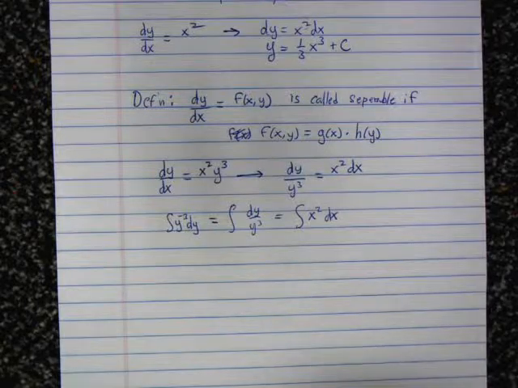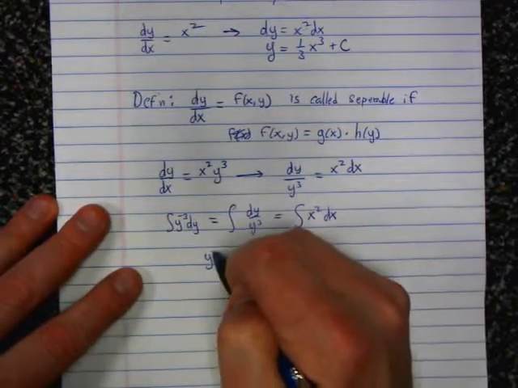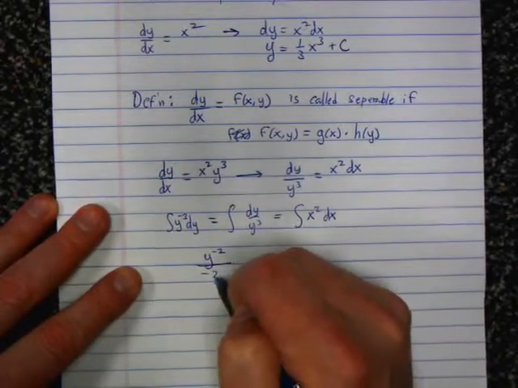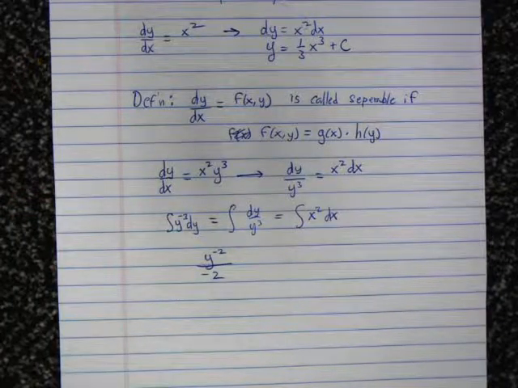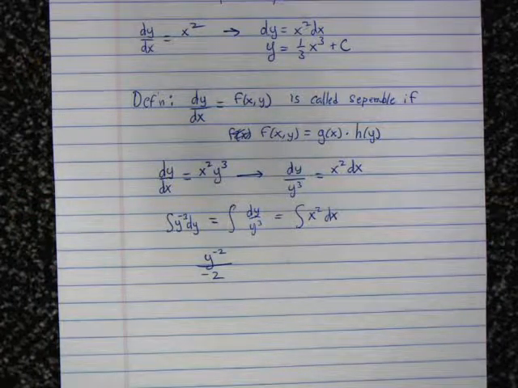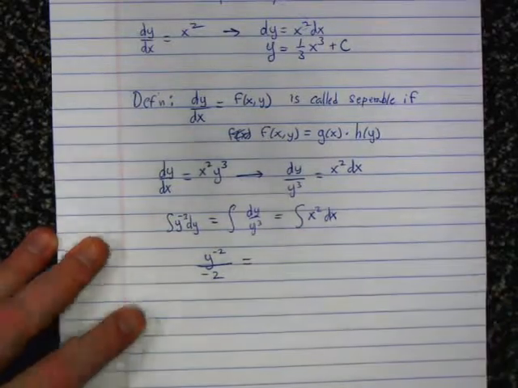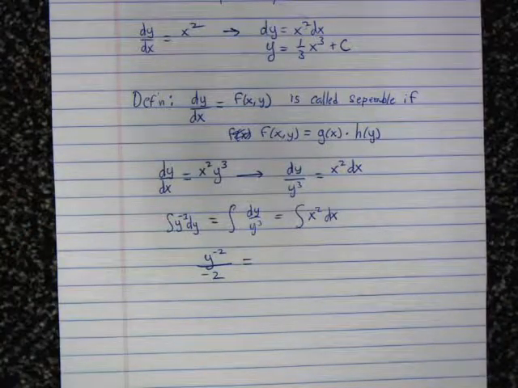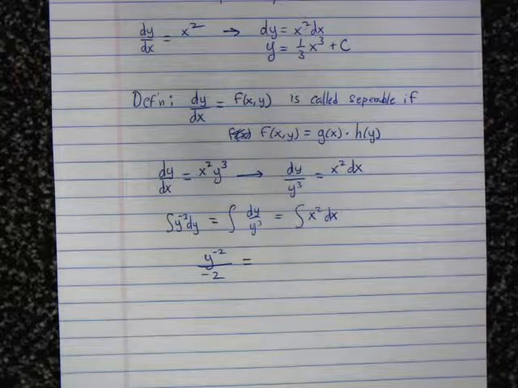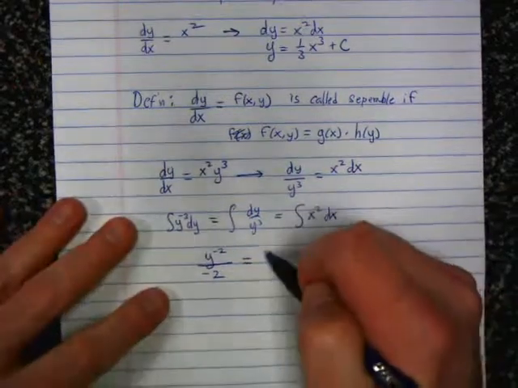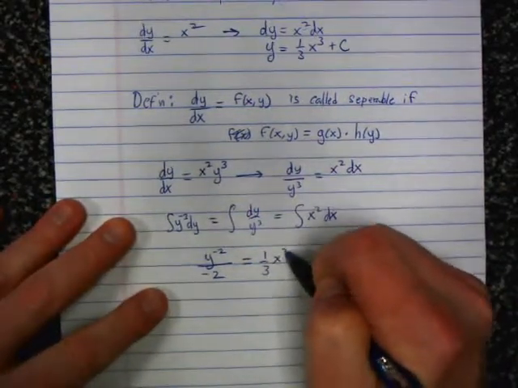So you would add 1 to your power. That would be y to the negative 2. And then divide by your new power. And then you can put it back down to the bottom if you wish. Equals, what's the antiderivative of x squared? If you get this one wrong, you're in a lot of trouble. You better not say 2x, just to tease me. 1/3 x cubed.